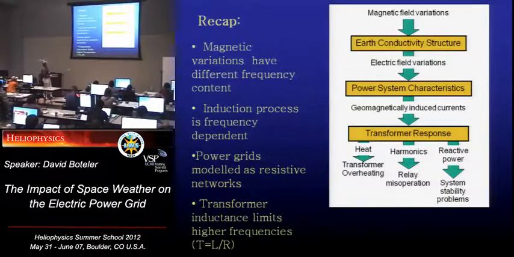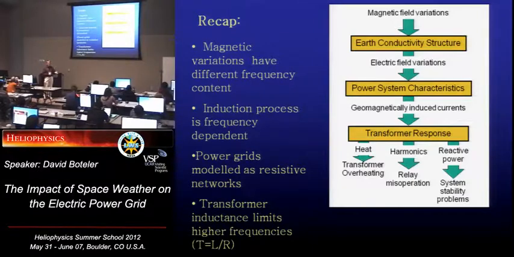So I just want to recap what we've been talking about. We've got the magnetic field variations that come through induction in the earth, into the power system, and into the transformers. I mentioned the different types of magnetic variations for a reason: they've all got a different frequency content. The main phase of the magnetic storm is a fairly slow variation.